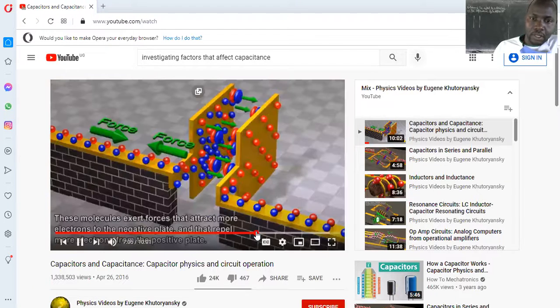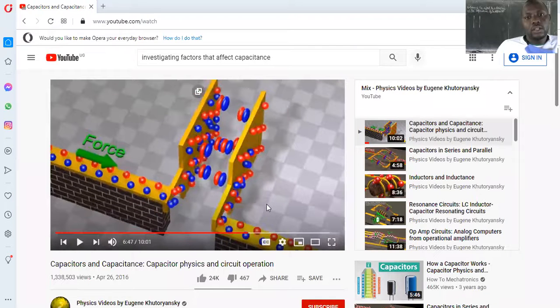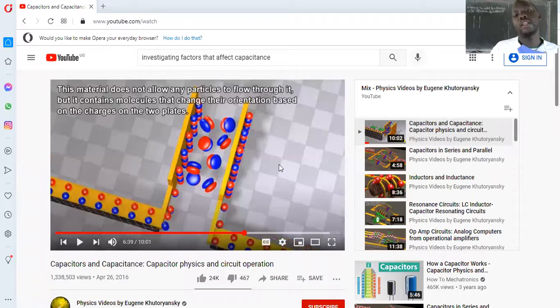I'll repeat. At this point, if you realize, those molecules between the plates, originally the blue and the red were randomly arranged. The blue would be this side, the red is this side. Another blue is up, the red one is down. But after inserting the dielectric, that was when they were still random.